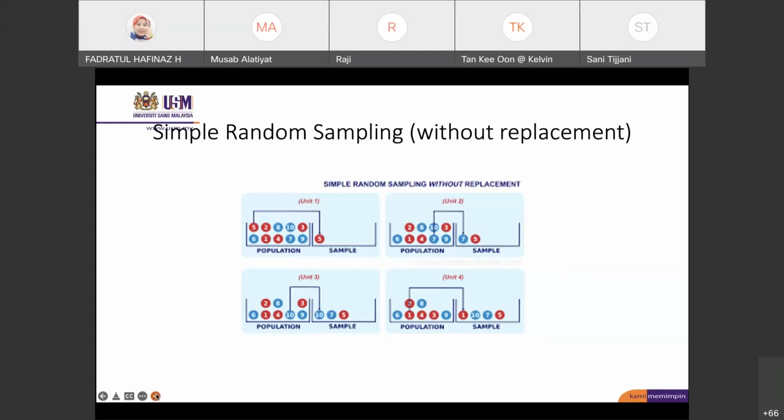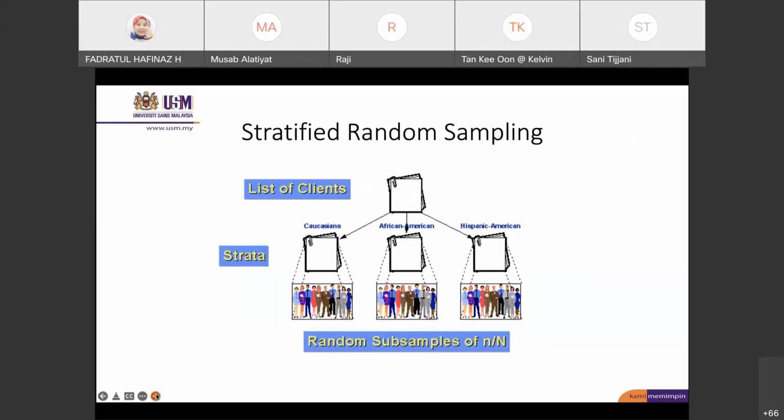Okay, another random sampling technique is stratified random sampling. The population is divided into subpopulations that we call strata.